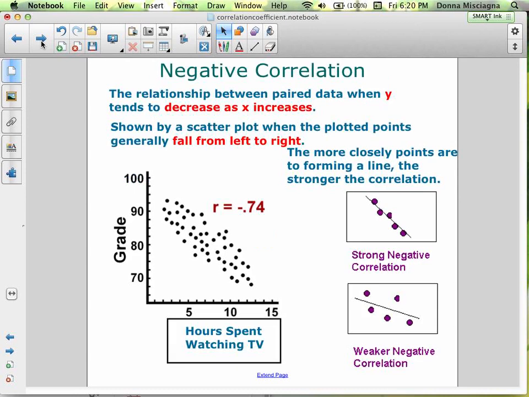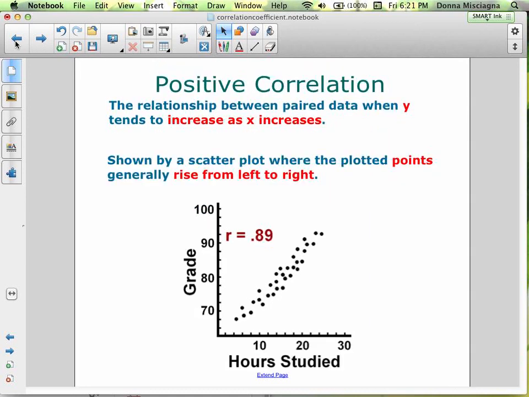Negative correlation: the relationship between paired data when y tends to decrease as x increases. So here we have a negative correlation. It's shown by a scatter plot when the plotted points fall from left to right. So they're following a negative trend, they're decreasing. Actually, here on both of these we had one in context.